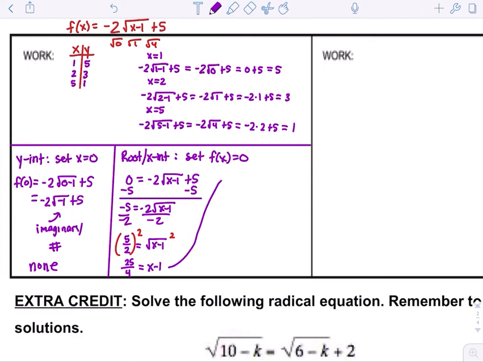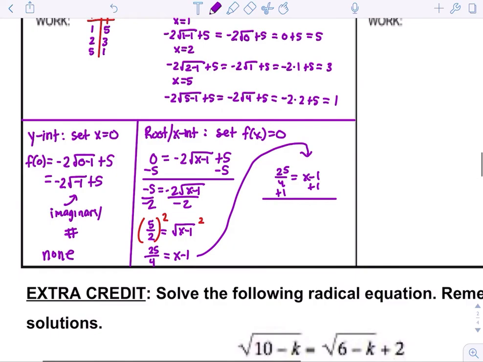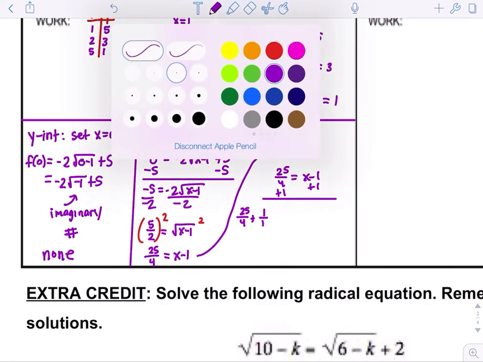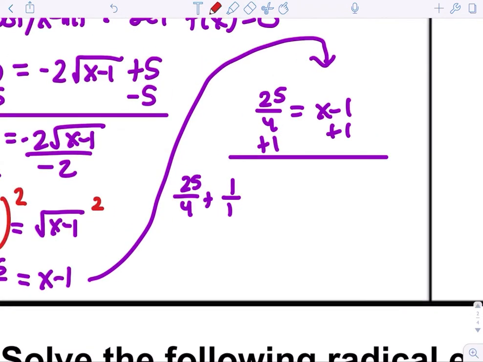I'll just continue the work over here. Add 1 to both sides. So now this is where you combine your fraction with a whole number. So 25 over 4 plus 1. 1 is really 1 over 1. So I'll zoom in for this. Essentially, you have to get a common denominator. So multiply top and bottom by 4.